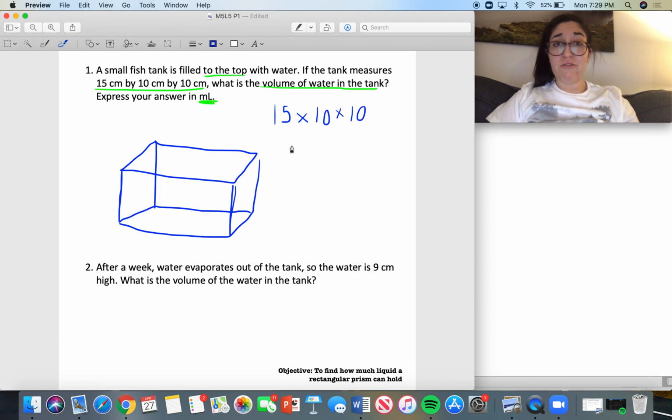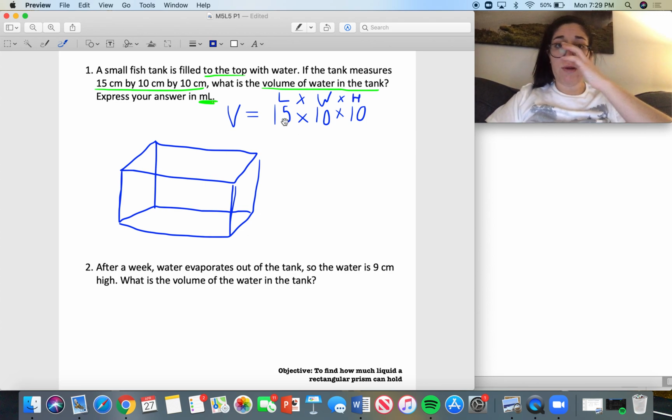And if we remember that volume is length times width times height, in this case, it already gave us length, width, and height. Because when it's spelling out these dimensions, 15 by 10 by 10, it doesn't really matter which one we use for what, because we're going to get the same volume no matter what.